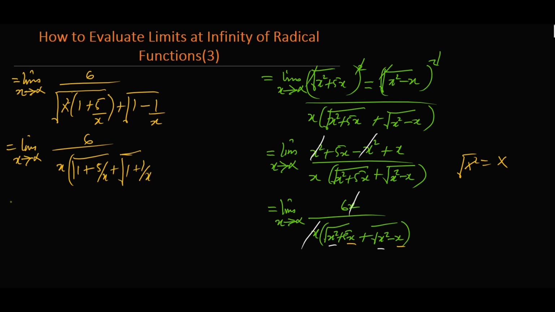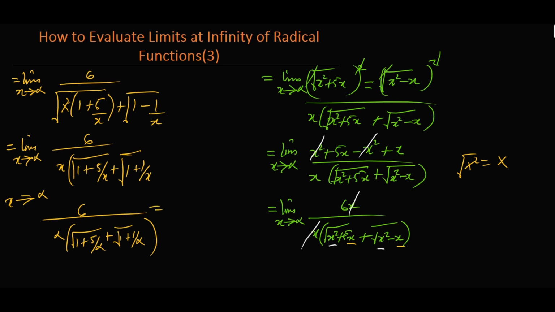We can now do direct substitution here. As x approaches infinity, we are going to have 6 all over infinity multiply root 1 plus 5 over infinity plus root 1 plus 1 over infinity.